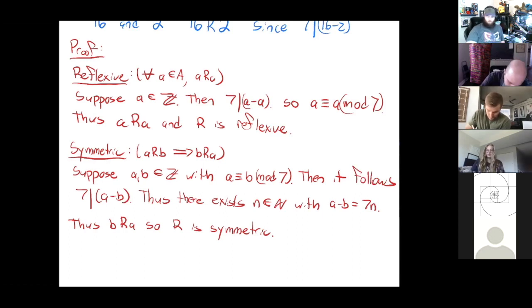Actually, we don't need that to be a natural number. It could be an integer.